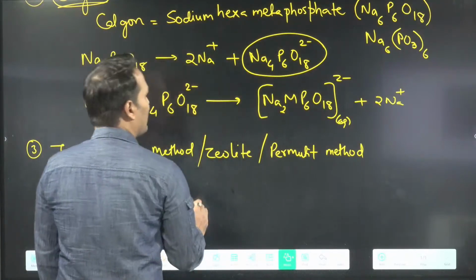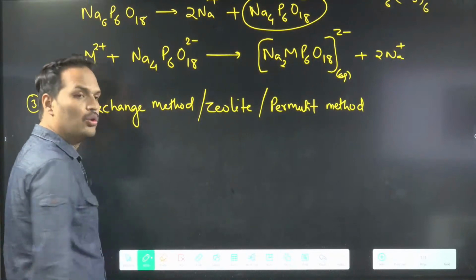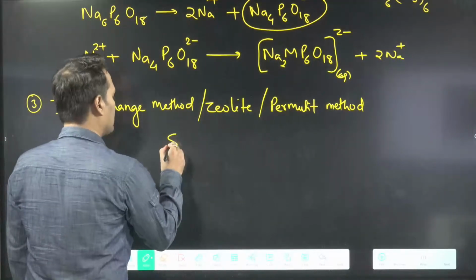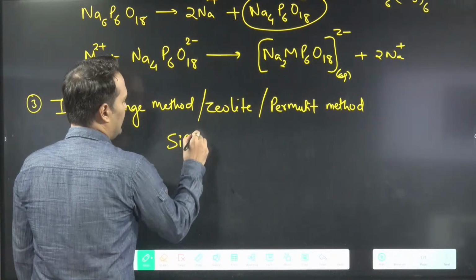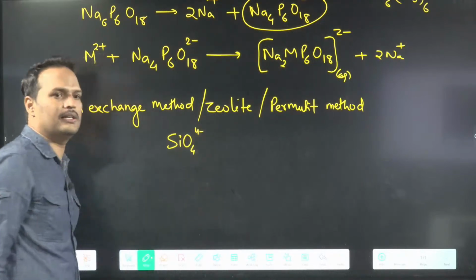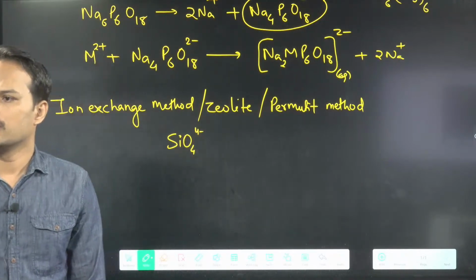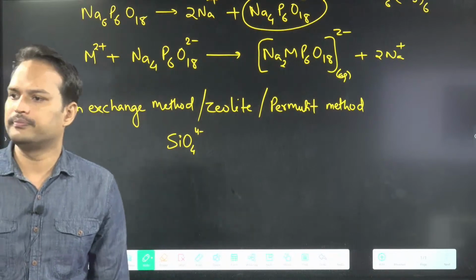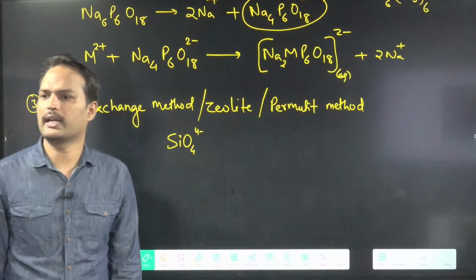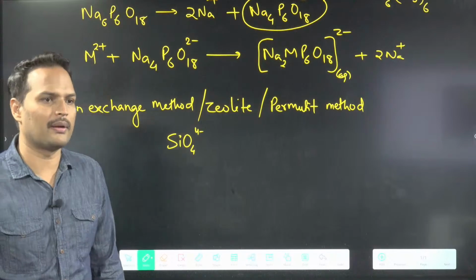So let's see first what is zeolite. Do you remember silicate, SiO4 4 minus? Silicate here, P block, correct? Carbon family.